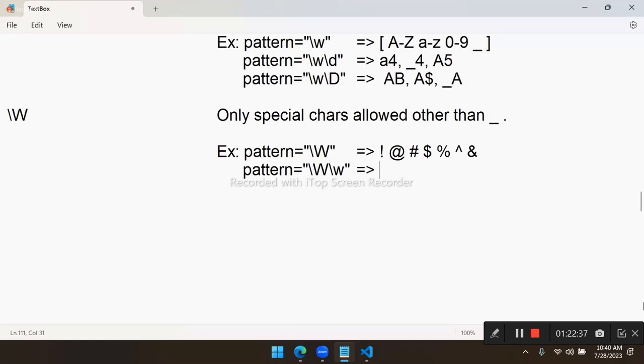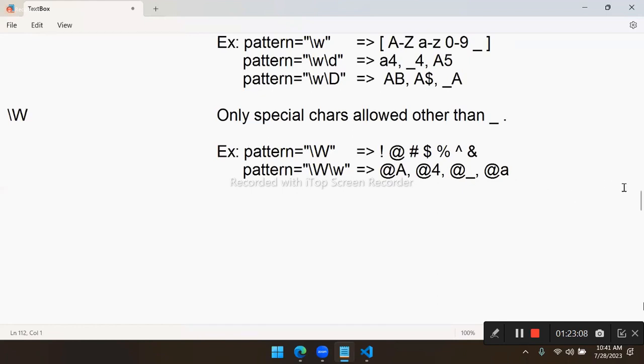What does this mean? The first one should be a special character. After that, you can have an alphabet, a number, an underscore, or a lowercase letter. All these are allowed. So the first one can be any special character allowed. It's not like at the net, right? That is \w.